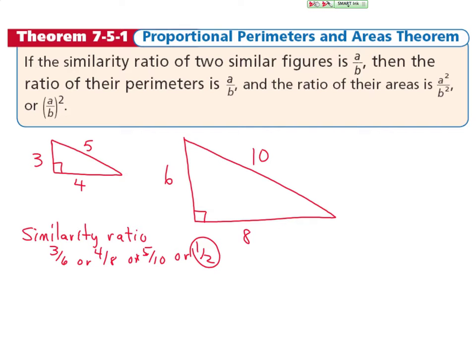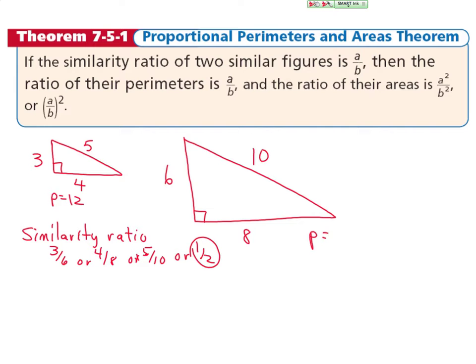It says the ratio of perimeters will be that same thing. So when we compare the perimeters and reduce it, it's still going to be, in this case, 1 to 2. What's the perimeter of this first one? 12, you added, it's 12.